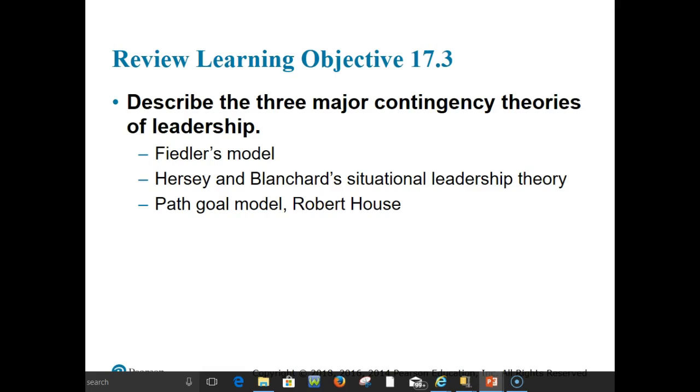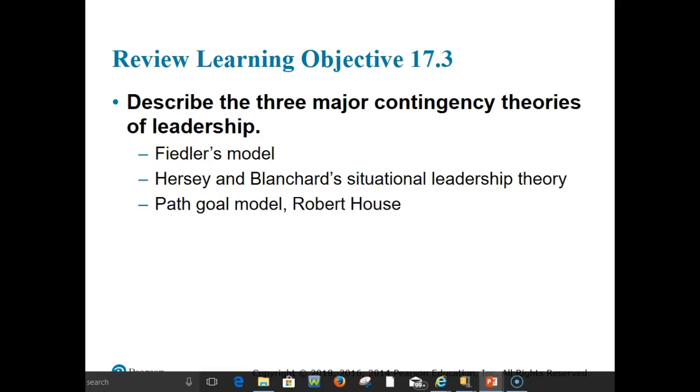They also identified 4 stages of readiness: unable and unwilling, using the telling style; unable but willing, using the selling style; able but unwilling, using the participative style; and able and willing, using the delegating style.